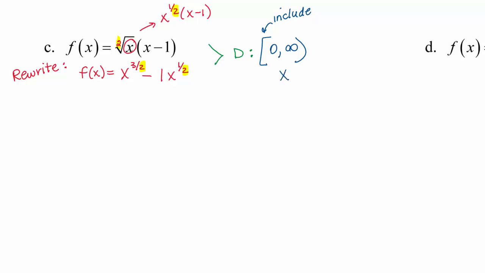You could also say it in such a way that makes sense to you using sort of like your number line thinking and just writing it as the inequality instead of the interval notation, and that would just be x is greater than or equal to 0. Make it make sense to you. So now that I have f and I have its domain, let's find f prime and we'll look at its domain. So it's power rule, right? That part should not be terrible at this point in the semester.